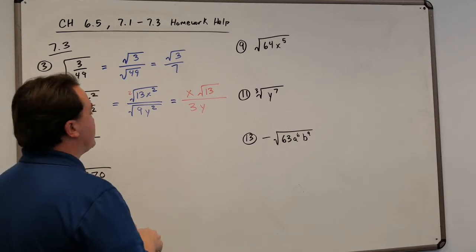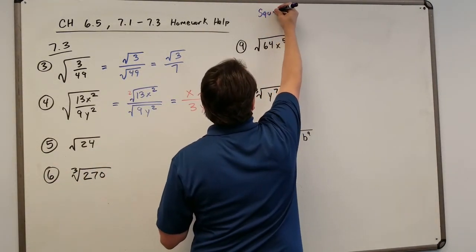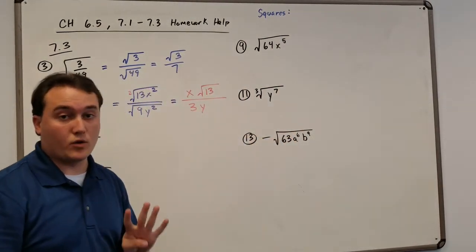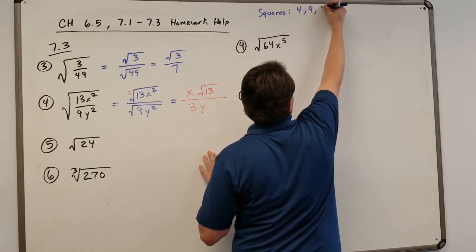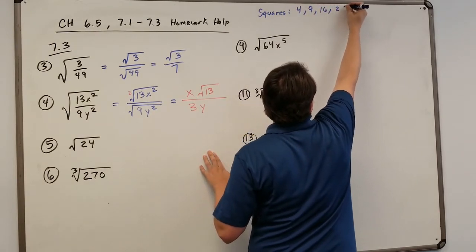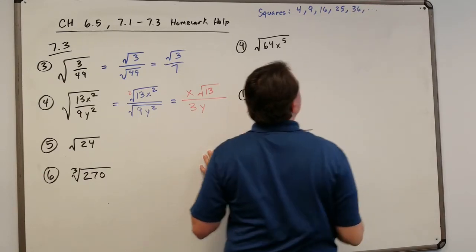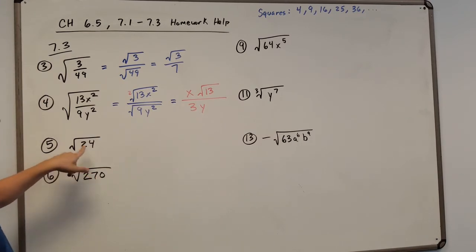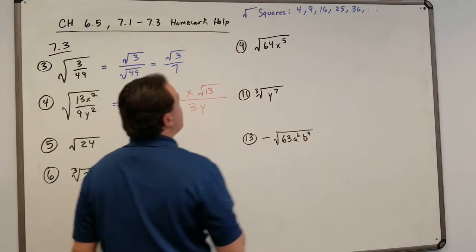Like if we were to list out perfect squares, 2 squared is 4, 3 squared is 9, 4 squared is 16, 5 squared is 25, 36, and so on and so forth. What you do is you break that number up into something that goes into it from that list, because we're dealing with the square root.